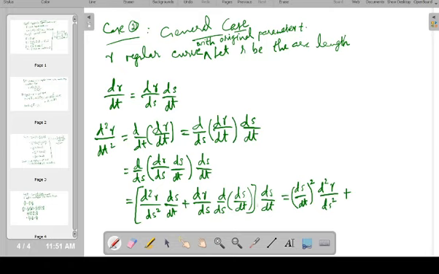So this becomes d by dt of ds by dt. What is d by dt of ds by dt? It is d square s by dt square, into this d gamma by ds.